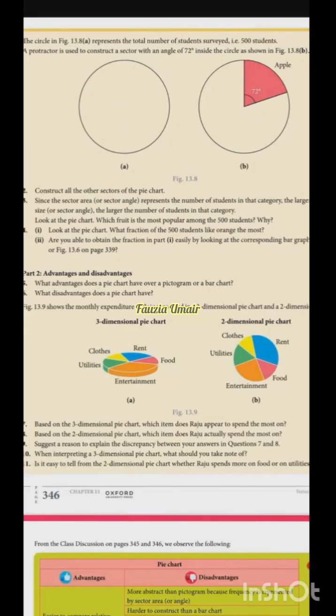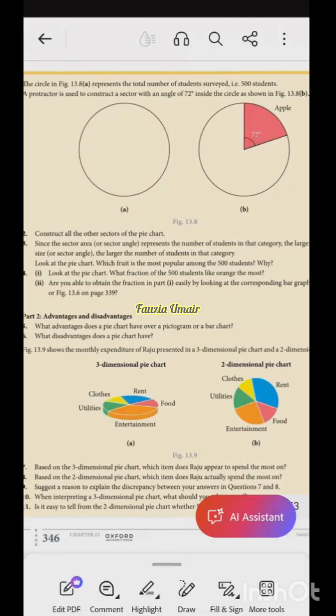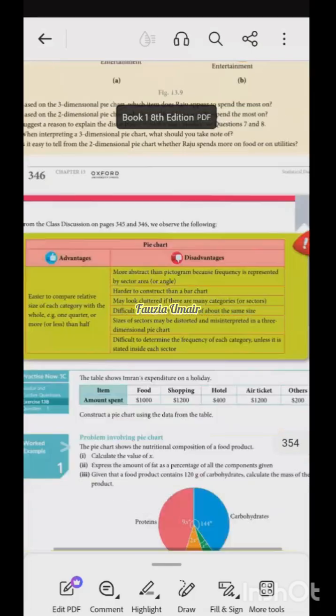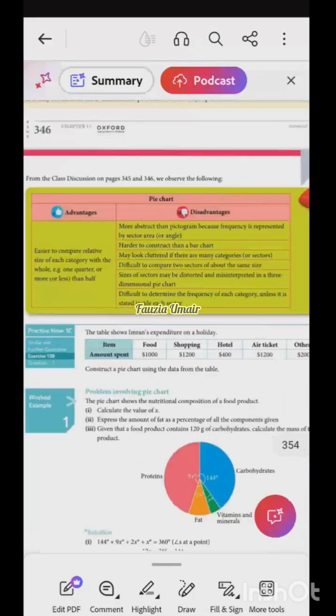So what if we are having 20 fruits? So will the pie chart still be a good option? No, ma'am, it would be difficult. It would be very difficult. The 360 degree will be divided into 20 parts. So it will be very difficult, because mostly the sectors would be having the same area. So it is only good if the number of types are less.